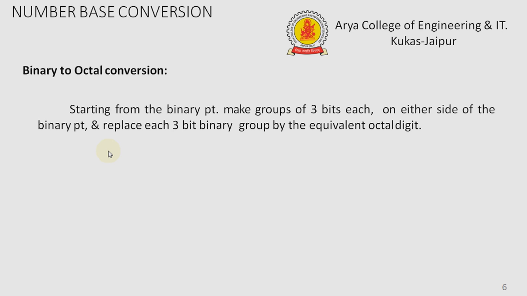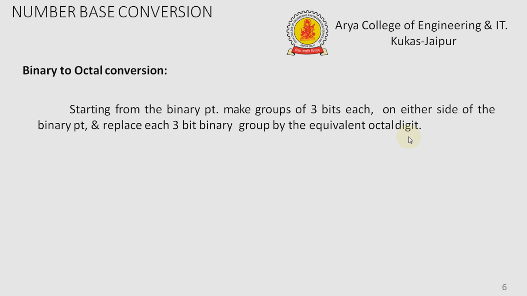Now binary to octal conversion. In binary to octal conversion, make groups of 3 bits each on either side of the binary point and replace each 3-bit binary group by the equivalent octal digit. For example, if I have the 6-digit number 110111, I make 2 groups of 3 bits each.